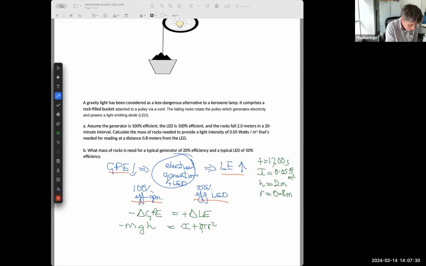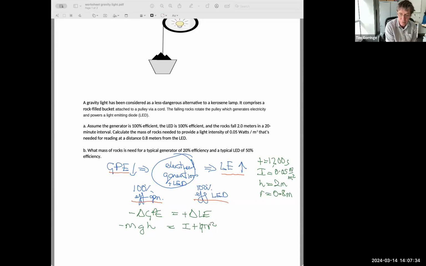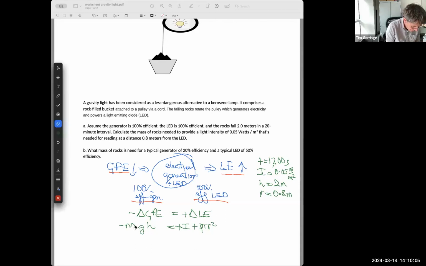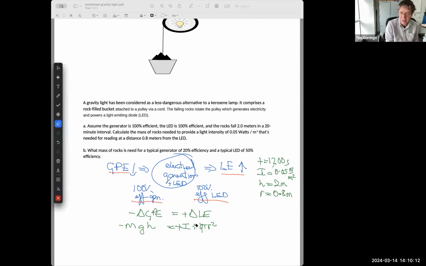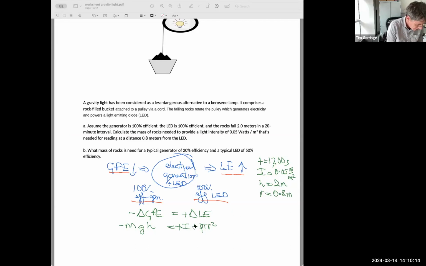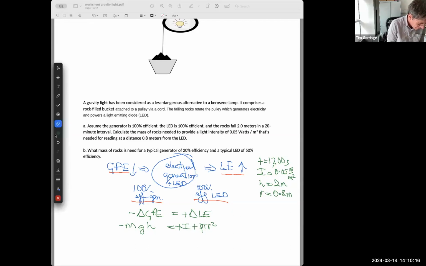And so this is how we calculate the amount of light energy that has to be emitted over this period of time. Now I've constructed this equation. I can rearrange this equation to calculate the unknown mass of rocks that I need to drop to create the known amount of light intensity that I need to read. And so that's the next step.